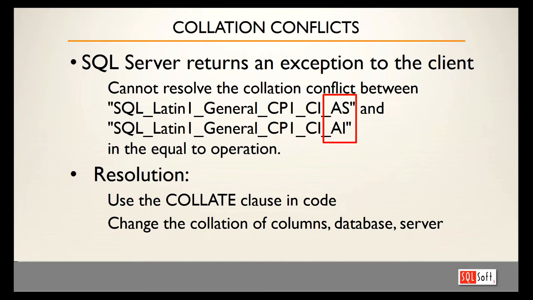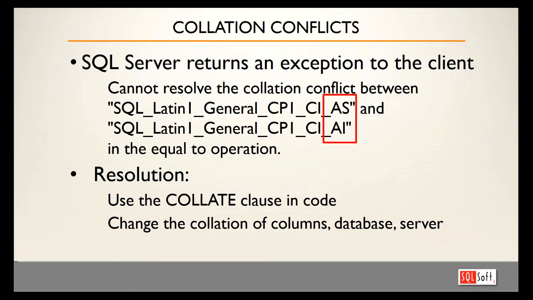If you have a collation conflict, if in that join example we were to compare columns that have different collations, we might get an error message from SQL Server. It says, cannot resolve the collation conflict. One column has accent sensitivity, the other column is accent insensitive.